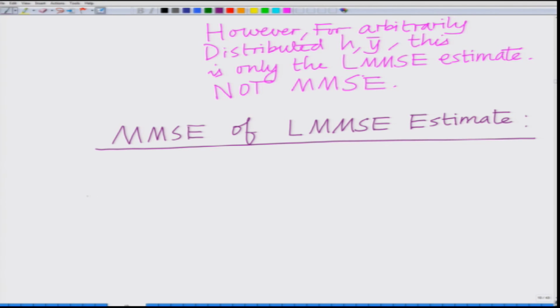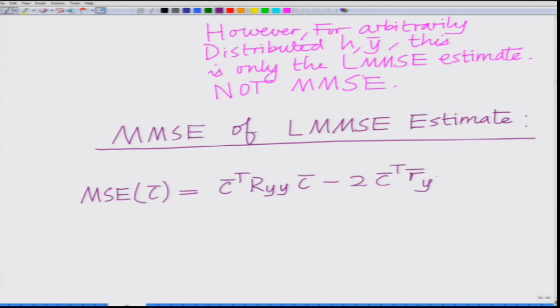Again, we have the MSE as a function of C bar. Recall, we already derived that: C bar transpose RYY C bar minus twice C bar transpose R bar YH plus RHH. RHH is nothing but sigma h square.